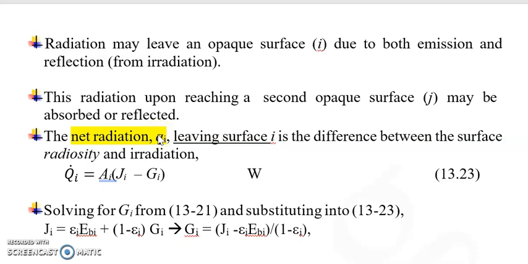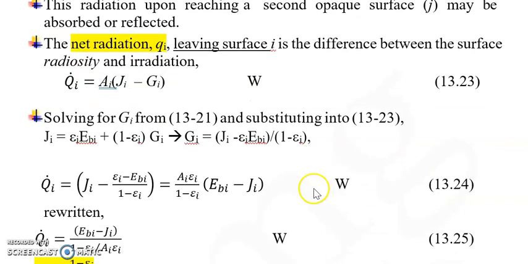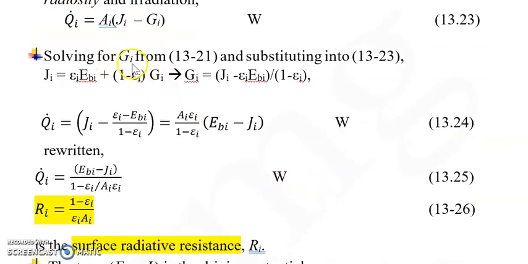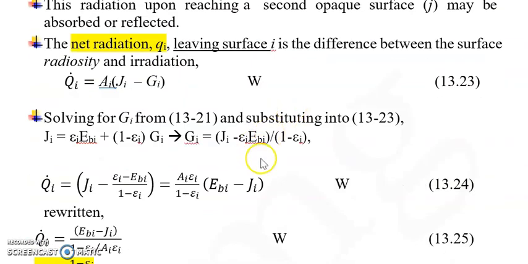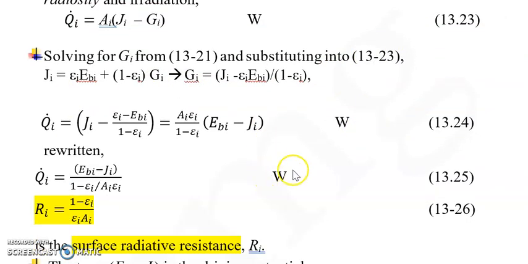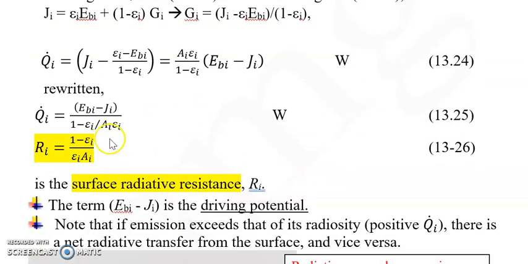Now, radiation may leave an opaque surface i due to both emission and reflection from irradiation. No transmission. This radiation, upon reaching a second opaque surface j, may be absorbed or reflected. The net radiation leaving surface i is the difference between the surface radiosity and irradiation. Solving for the irradiation from 13.21 and substituting into 13.23, you get 13.24, which, if rewritten in this form, gives you the surface radiative resistance.